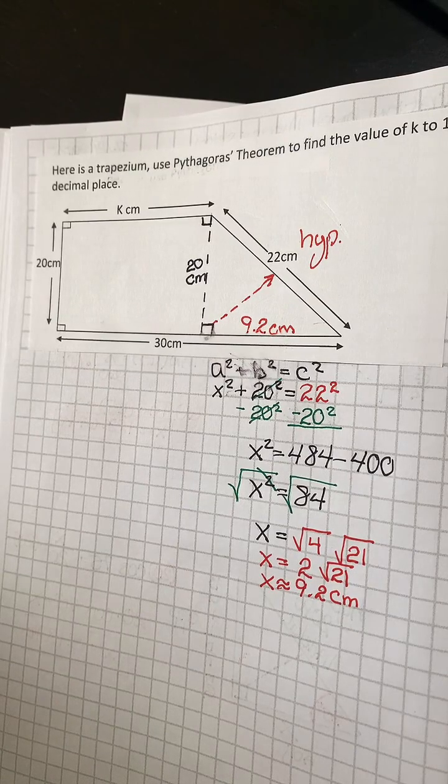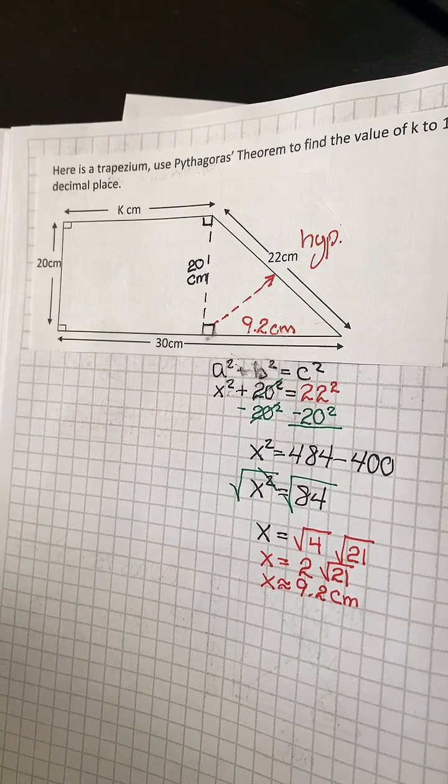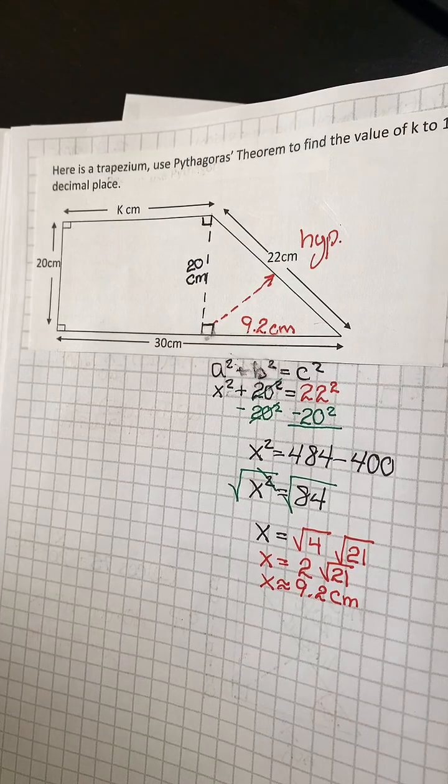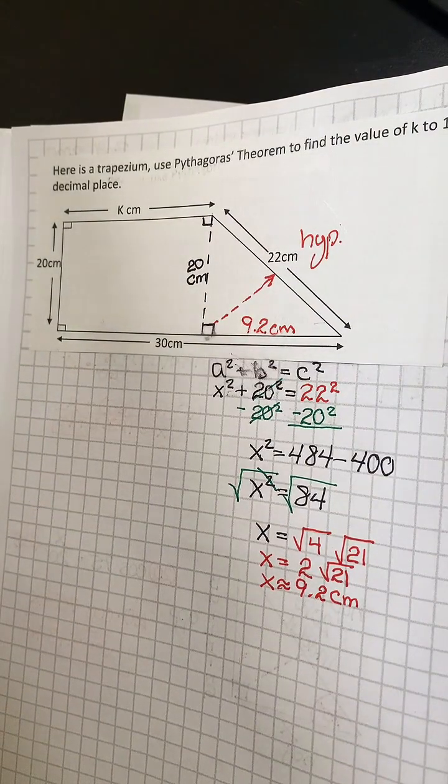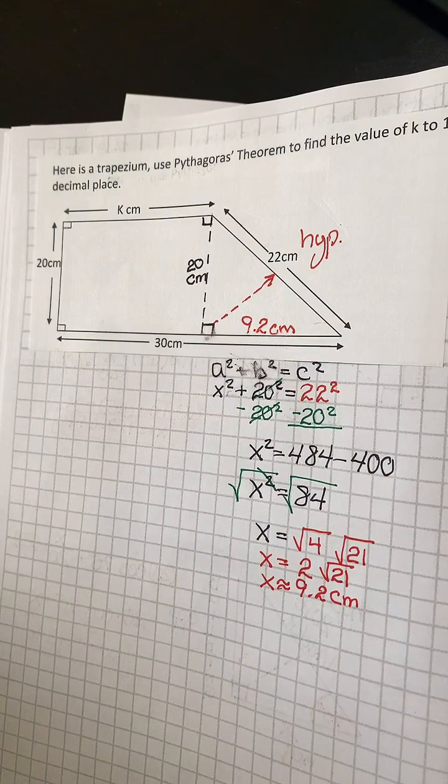Okay, 30 minus 9.2. You're saying 20.8. Oh wait, hold on, things are starting to get a little fast over here. Michael's saying 30 minus 9.2. Samuel, how are you? 30 minus 9.2.